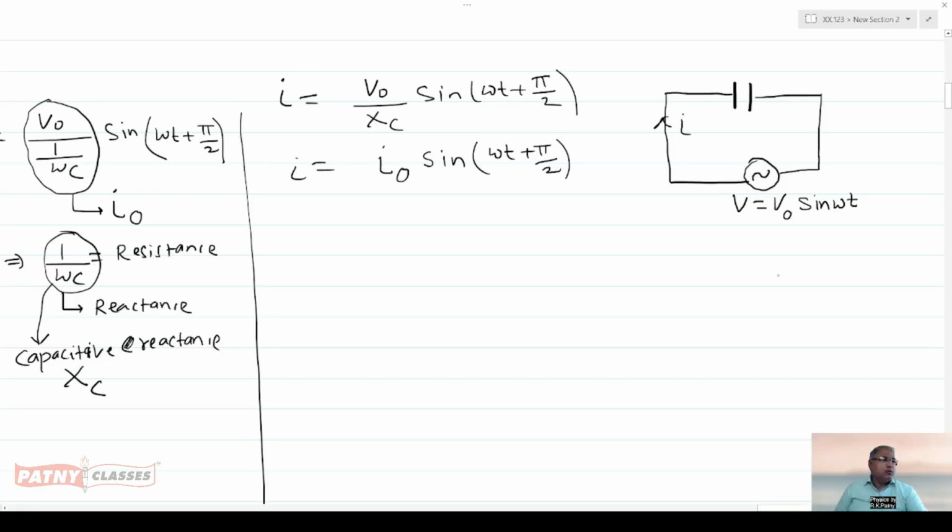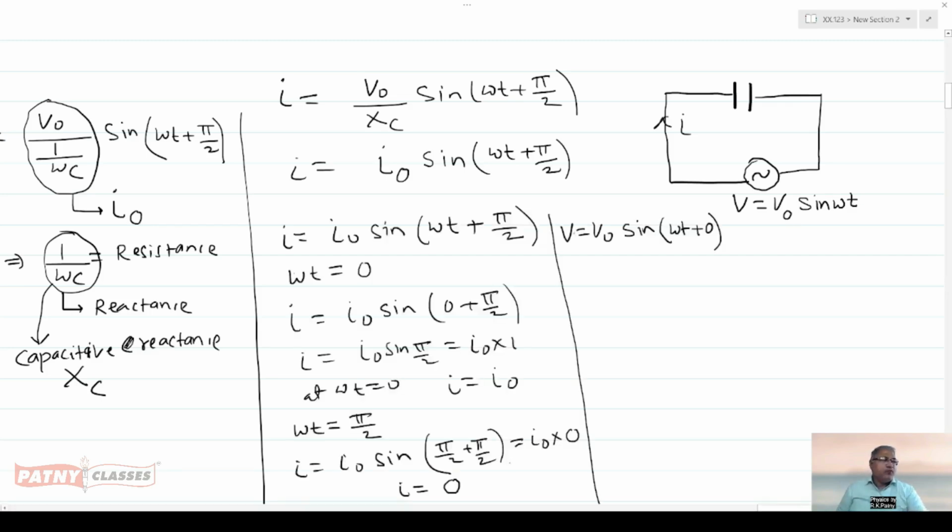Now we have the voltage V equals V naught sine omega t, and the current I equals I naught sine of omega t plus pi by 2. By using these two equations, we can now draw the waveform diagrams for voltage and current. For the instantaneous value of the voltage, we have the equation V equals V naught sine omega t plus 0.